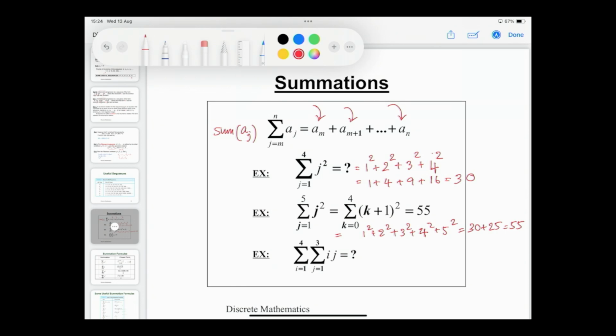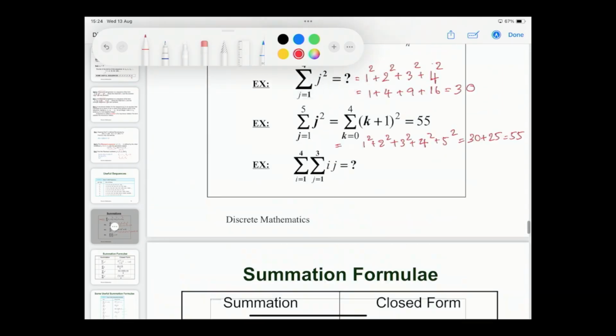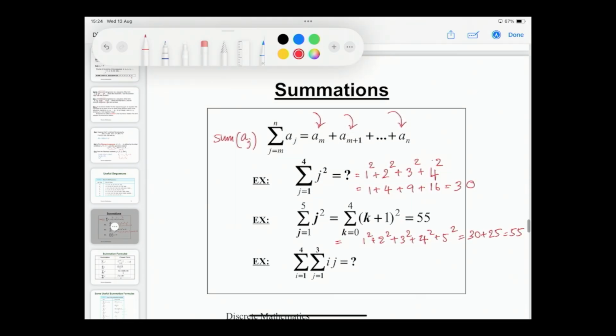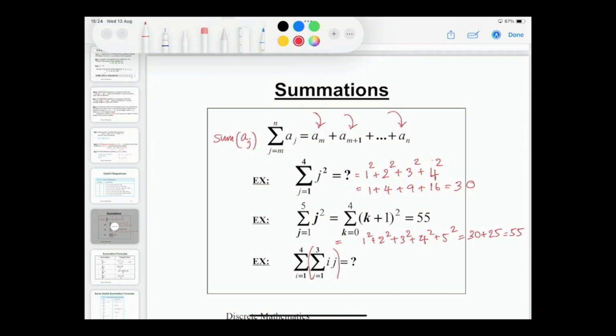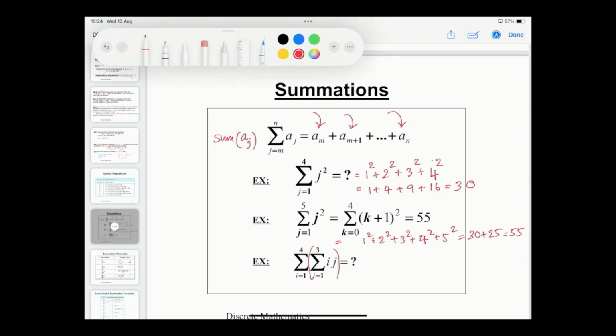The next example, we have the double summation. So how to do that? We just work on one summation at a time. Inside is a summation, j starts from 1 up to 3.